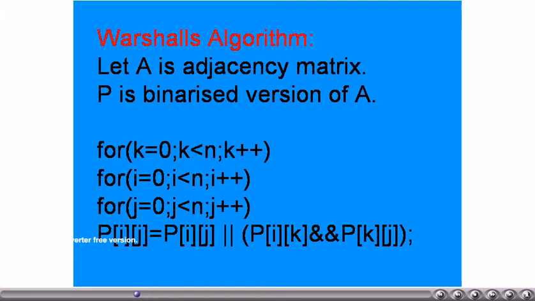Warshall's algorithm basis is as follows. From station I to station J, we can say there exists a route if there exists a route from I to K and K to J.